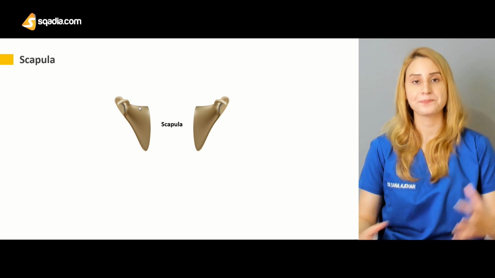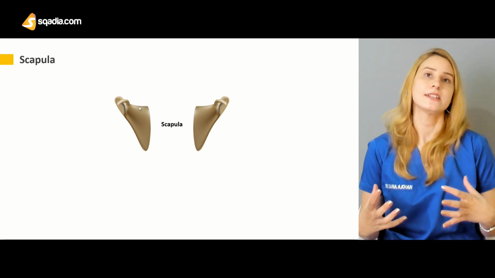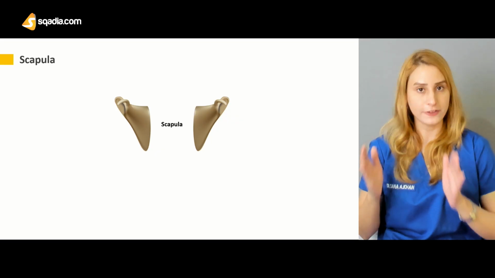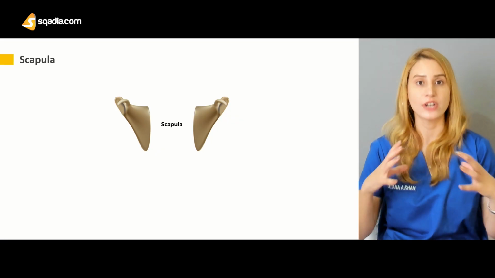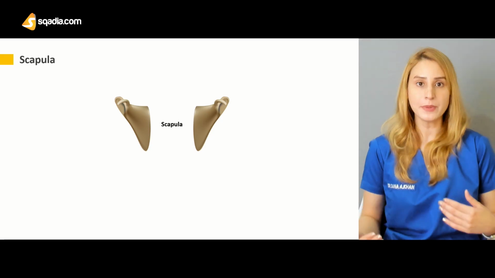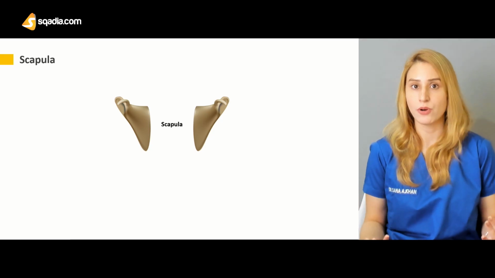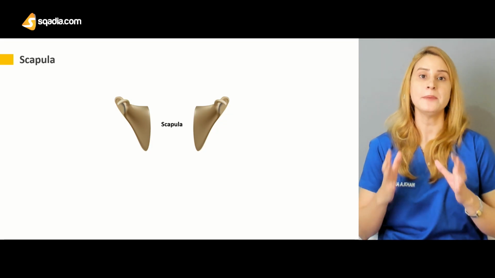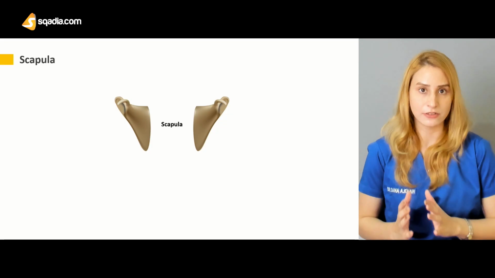So basically, when you talk about the scapula, you should know that it's a flat bone, which is triangular in shape. The clavicle was also a flat, long bone, but the scapula is a flat, triangular bone.